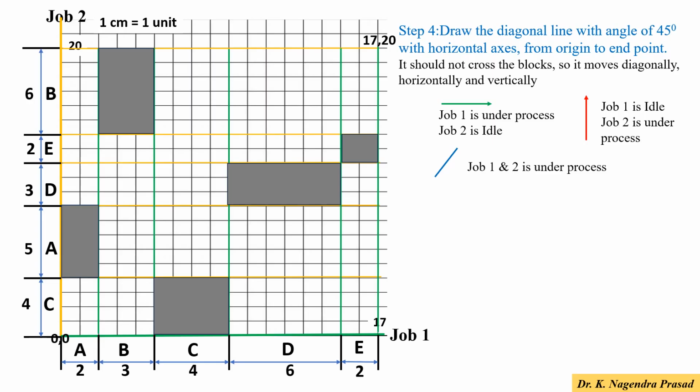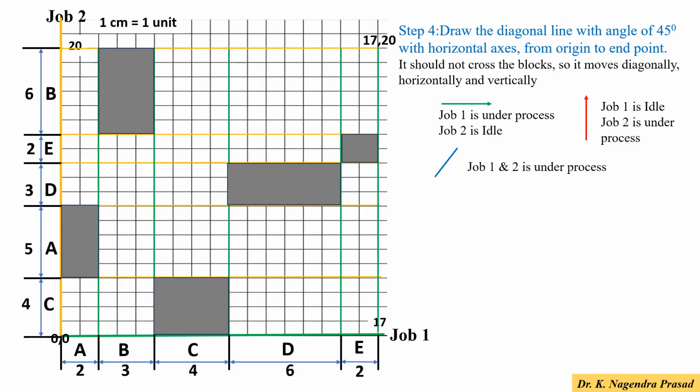Next step is to draw the diagonal line with an angle of 45 degrees with the horizontal axis from origin to end point. And moreover, this diagonal line should not cross the blocks, so it moves diagonally, horizontally and vertically.